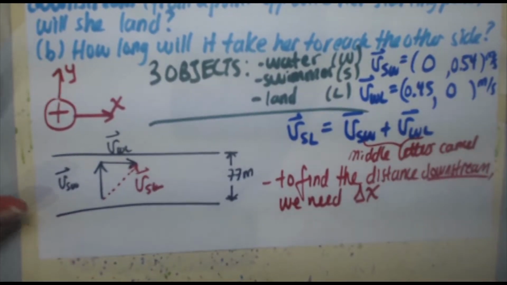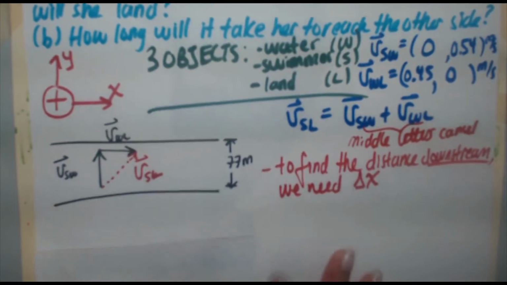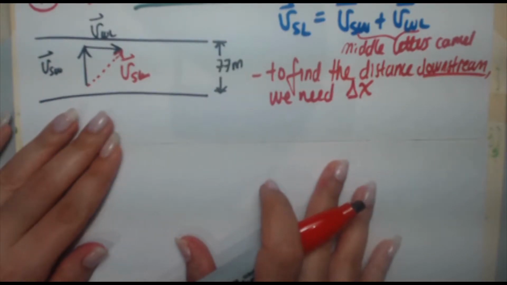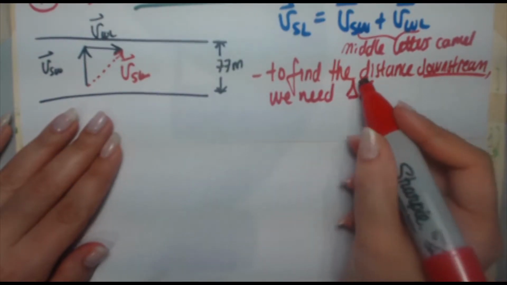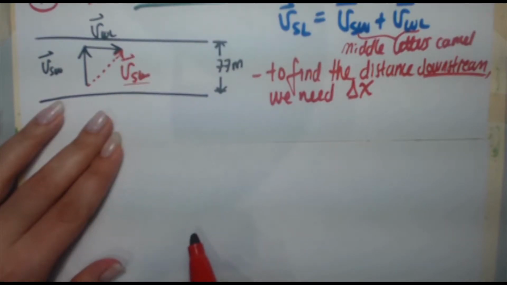delta x. So for a problem like this, we would assume no acceleration. Okay, we've got a pretty linear motion. So we've got a distance, and distance requires speed and time to determine. The speed that the person's going to be going at in the x direction is simply the x component of our VSL.